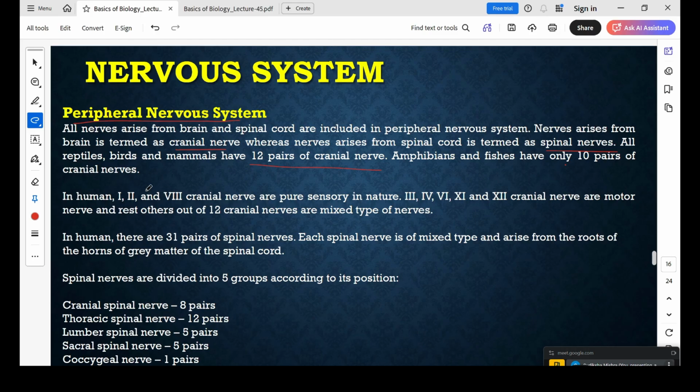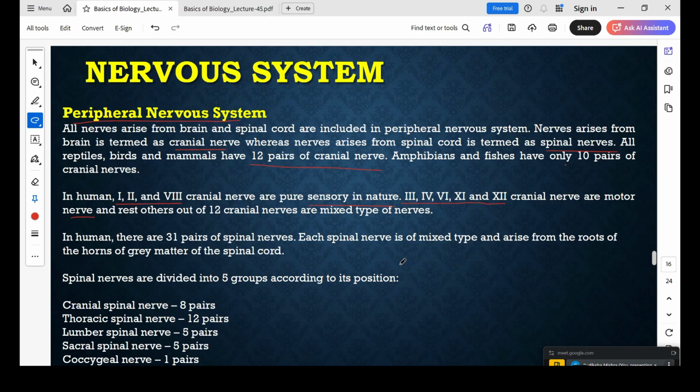In case of humans, for example, 1, 2 and 8 are responsible for sensory inputs. 3, 4, 6, 11 and 12 are responsible for motor nerves, whereas rest are mixed type of nerves, which can be auditory, can be responsible for vision, etc. In humans, there are 31 pairs of spinal nerves.